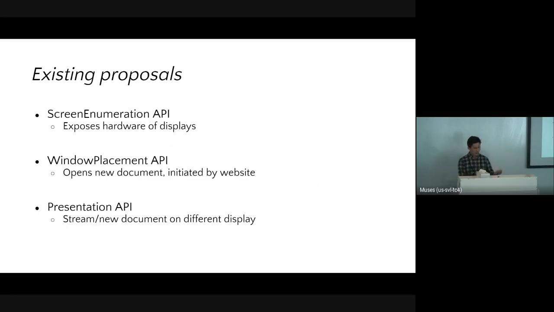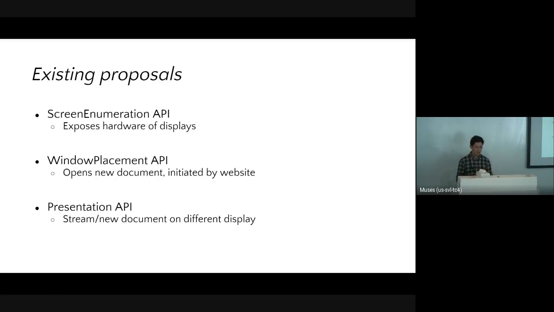Just wanted to point out there are some existing proposals related to this space. Google has been pushing some of these. Screen enumeration and window placement are up and coming. Those expose different aspects of what you might traditionally think of as a dual screen, double display type device. Screen enumeration exposes the hardware of your various displays, but again, this is in that screen coordinate space.